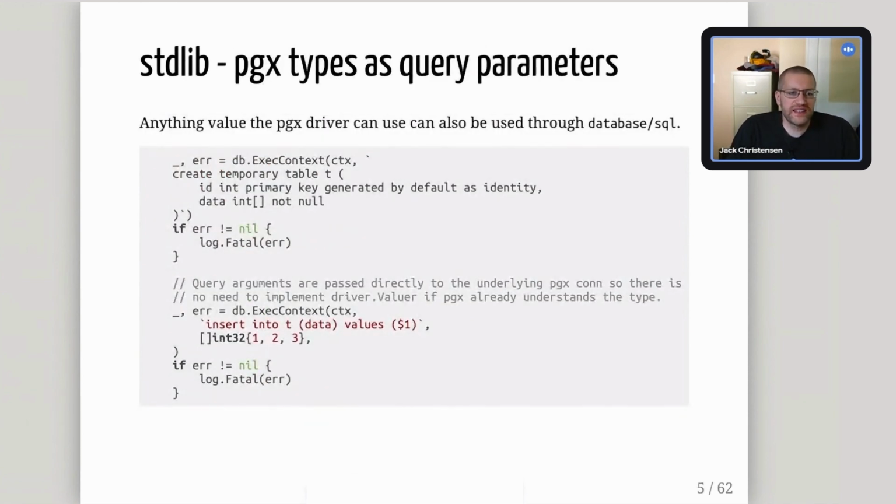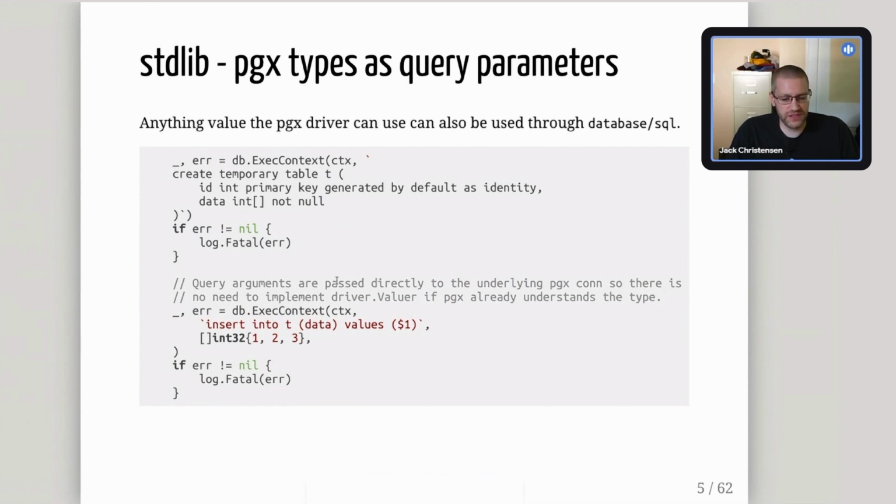Where we get into a little more interesting is the driver passes through any query params directly to the underlying PGX connection. So what this means is when you're using database SQL, you can use the whole PGX type system.